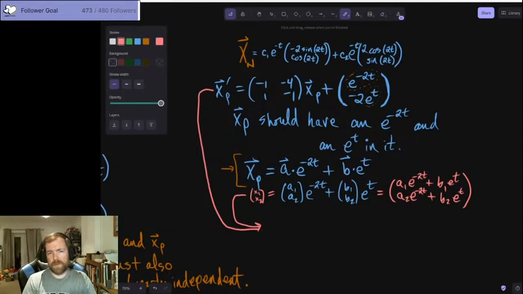X_P prime is going to be equal to our transformation matrix times X sub P. So plug in X sub P into the appropriate locations, and then we also have our G of T vector, the e to the negative 2t, and negative 2 e to the t, all the way at the end. So just plug everything in, and if you want, you can leave it off at first. Just get everything copied down first.